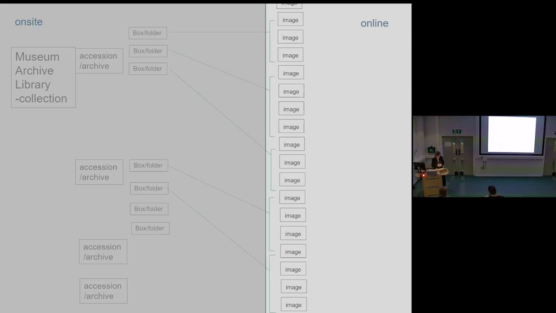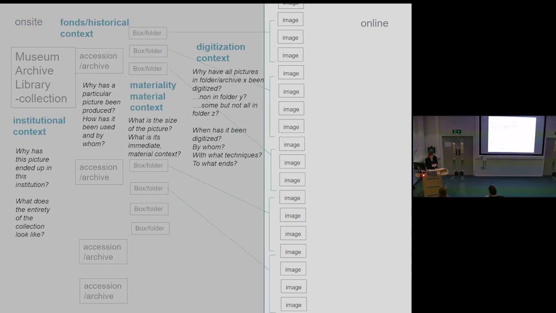But there were some hidden aspects. For example, the institutional context was not always spelled out. So why this picture has ended up in this institution and what the entirety of the collection looked like.